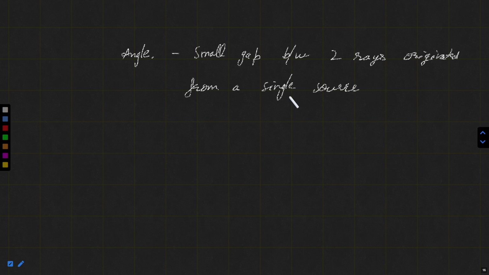For example, here the source is S, one ray is this, say A, and another ray is this, say B. So this small gap in between we call our angle, and this angle is measured in radians or in degrees, mainly in modern mathematics we take it in radians.